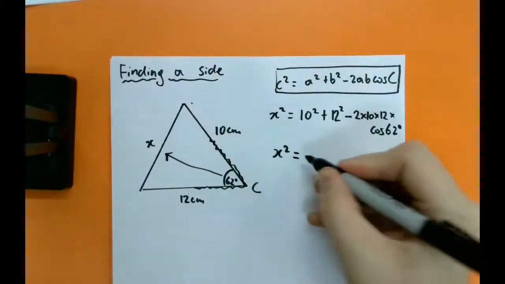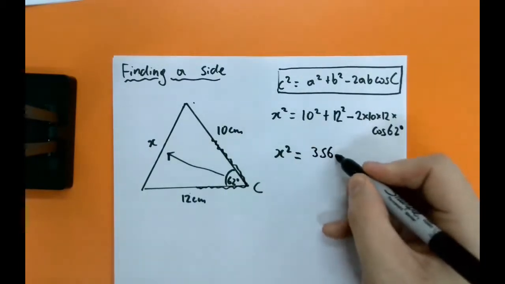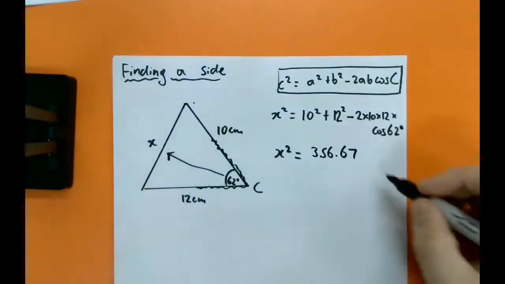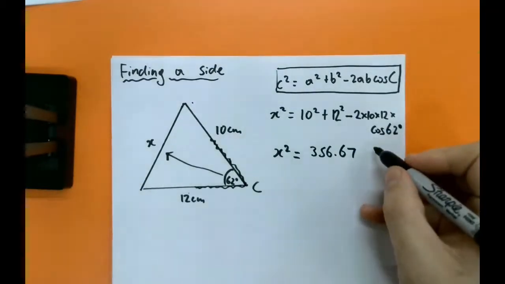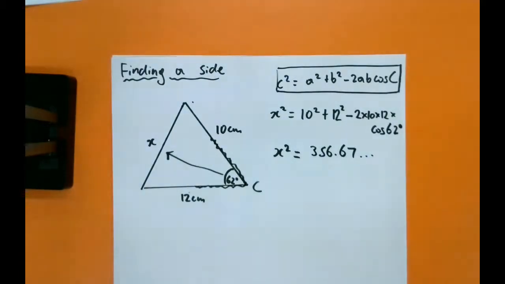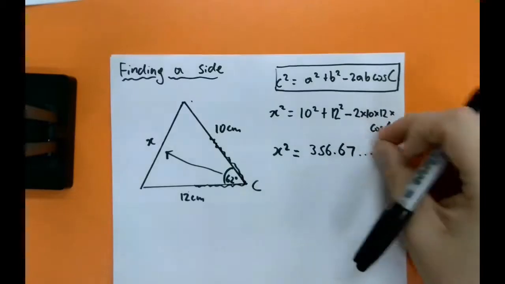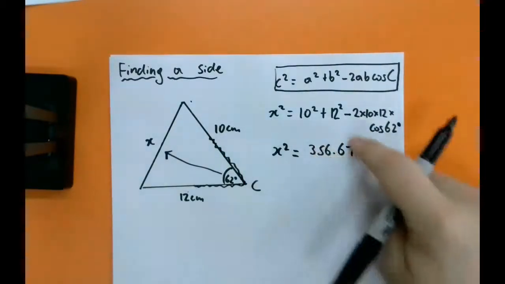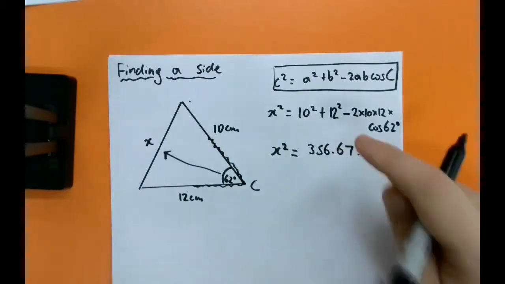And you should end up with an answer like this: 356.67. That's just going to two decimal places, but it could continue on. Now, using your calculator, I just want you to do a square root answer, and that will take this value that's stored in your calculator and put it underneath the square root.